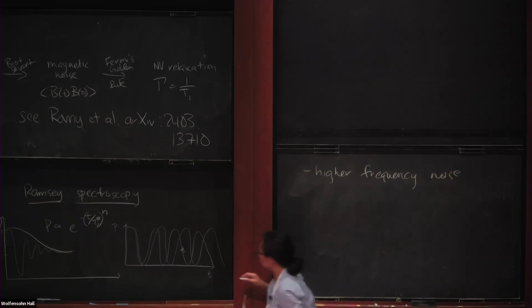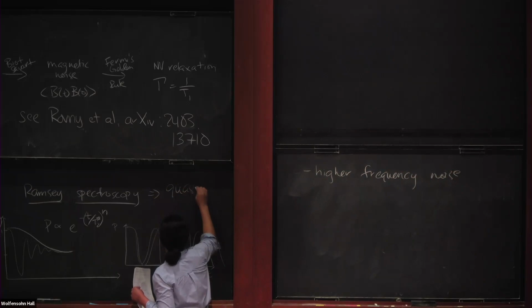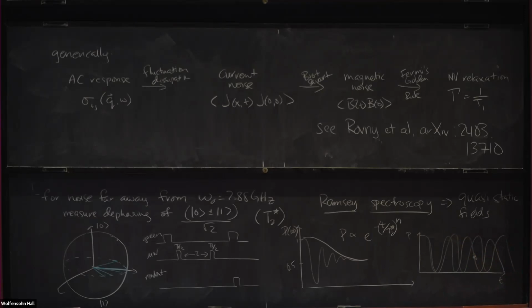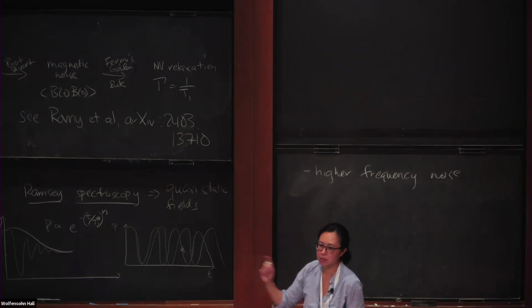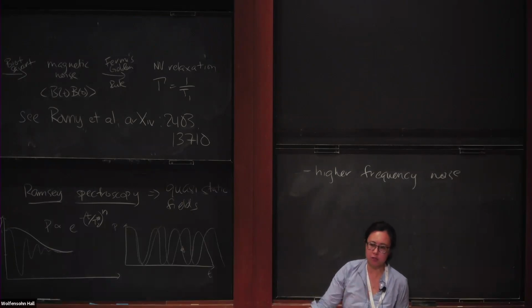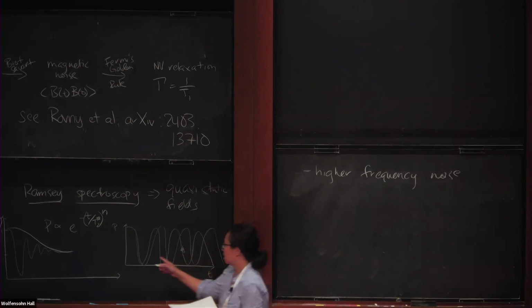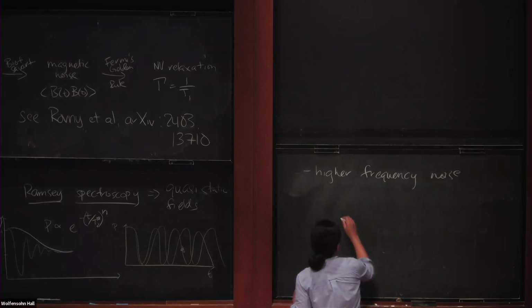Okay, so sorry, let me just be absolutely explicit. So you use Ramsey spectroscopy for quasi-static fields. So for higher frequency noise, what we need to do is a very similar measurement where we're looking at evolutions of this coherent superposition. But now what I'm going to do is extend past my bare T2 star by using dynamical decoupling.